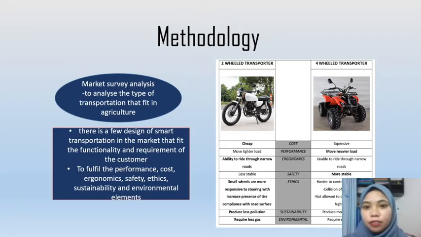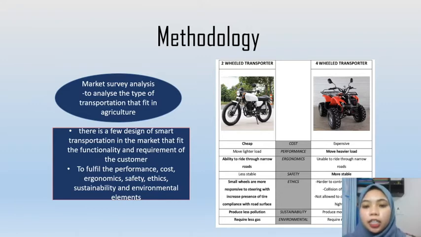As we can see on the screen, there are two-wheel and four-wheel transporters where the elements are quite different. The two-wheel transporter is cheap and the four-wheel transporter is expensive, and the two-wheel transporter can move a lighter load, while the four-wheel transporter can move a heavier load.